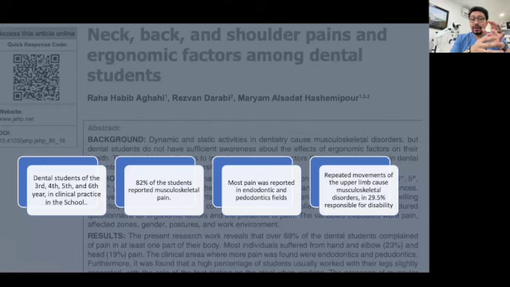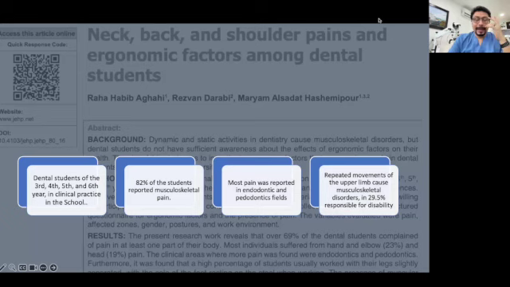And most pediatric dentists have to work very fast and they need to adopt bad positions to have a proper vision of the area. One of the things that we need to keep in mind is that these musculoskeletal disorders can lead to even 30% of people retiring earlier than expected because of disability.